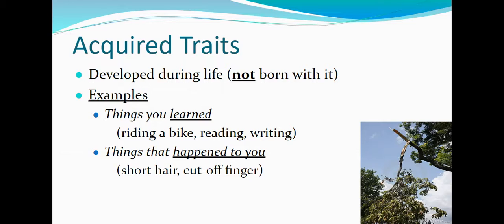If you have an accident in your lifetime, and maybe this is kind of extreme, but it says cut off finger. If you have an accident and a finger is cut off, your child is not going to be born with that finger missing. So, those are all acquired traits, things that you were not born with.